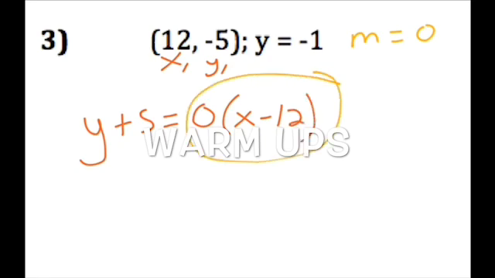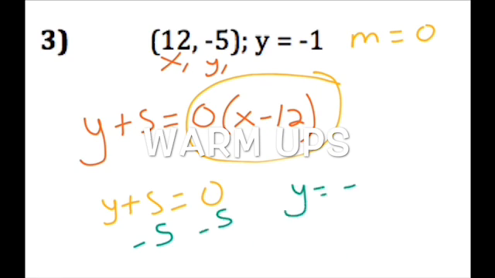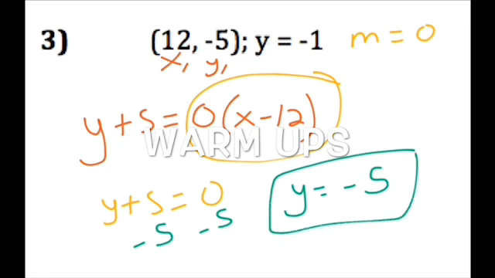Now 0 times this whole thing is just 0. So we have y plus 5 equals 0. Subtract 5 from both sides, and y equals -5. Or we could just look right up here and saw that y equals -5.